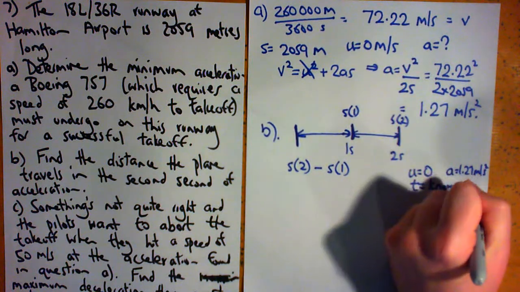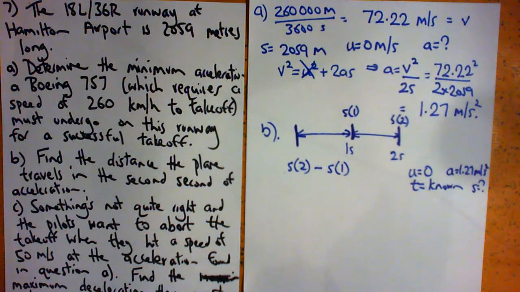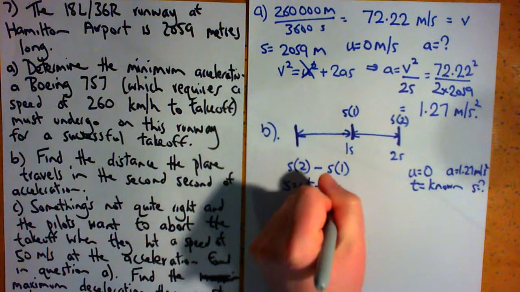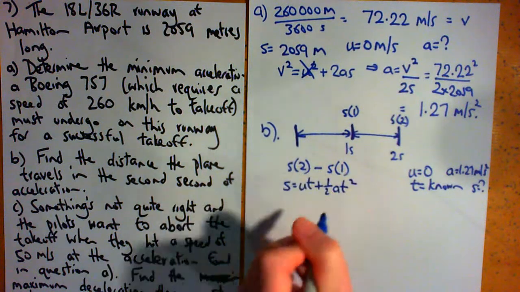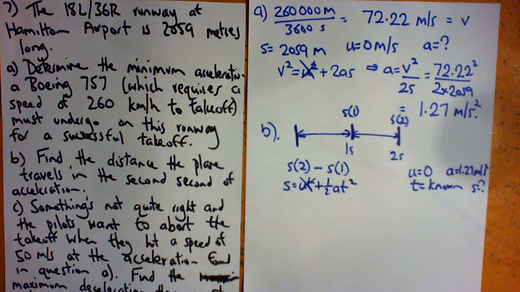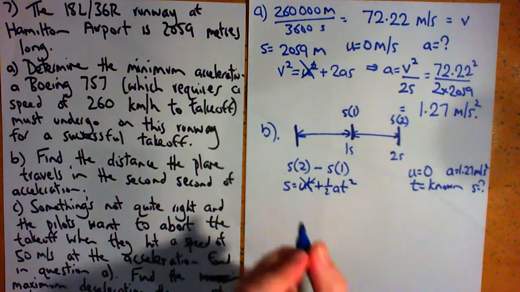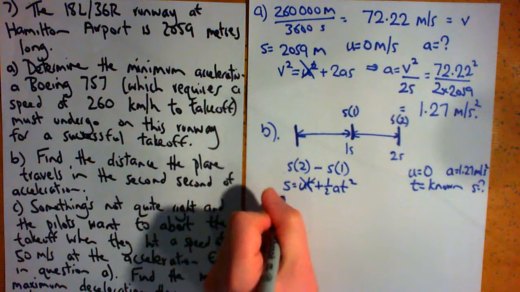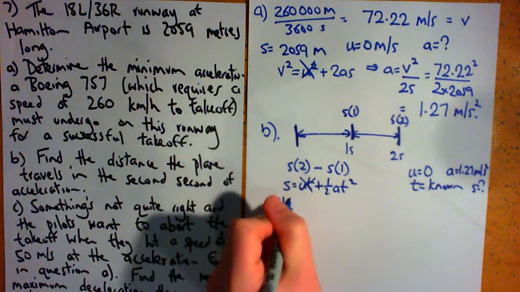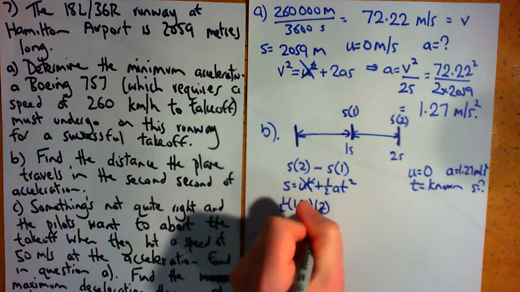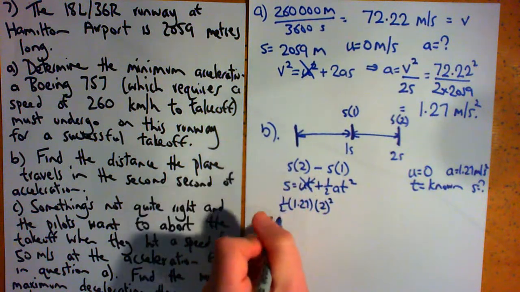So s is what we're looking to find here. s equals ut plus half at squared. u here is 0, so ut is 0, and that means s equals half at squared. So after 2 seconds, s is going to be equal to 1/2 times 1.27 times 2 squared.